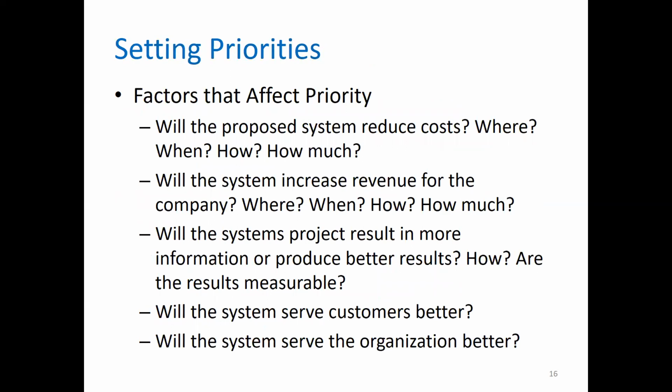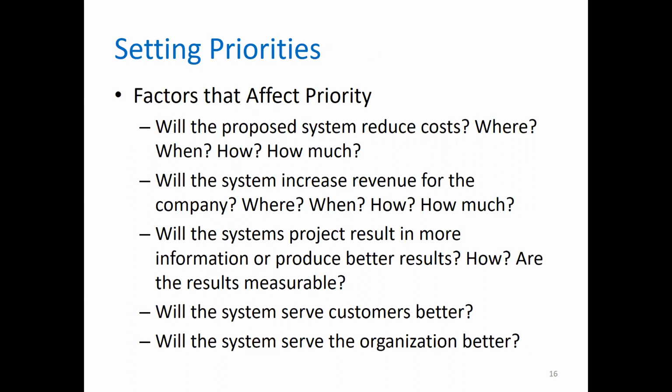Factors that affect priority. There are a few questions that a systems analyst or the systems review committee must ask when carrying out feasibility studies and setting priorities. Will the proposed system reduce costs? Where, when, how much? Will the system increase revenue for the company? Where, when, how much?